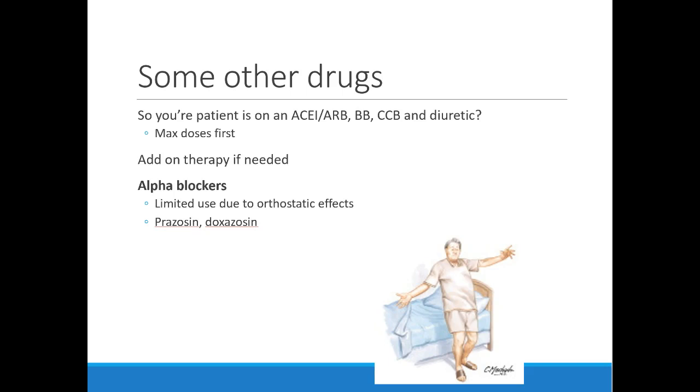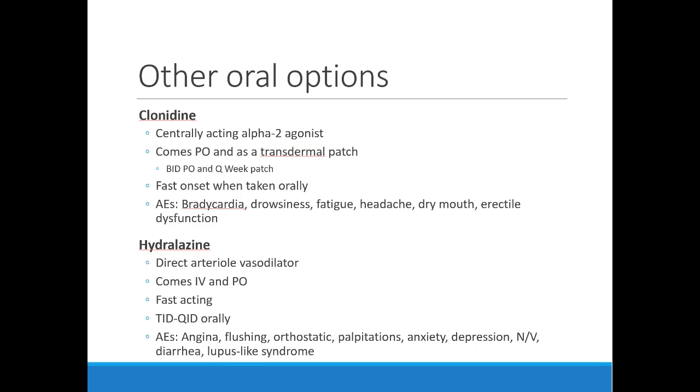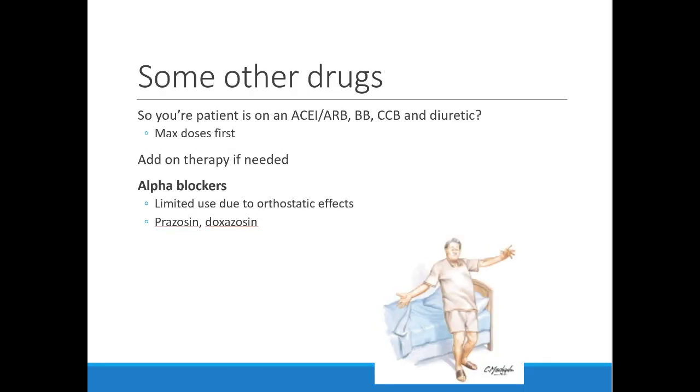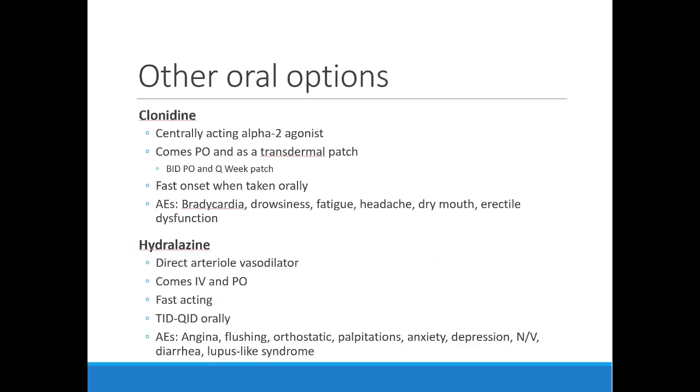Alpha blockers have effects on the prostate as well, but they're pretty limited due to their orthostatic effects, so they cause some postural hypotension. Really, the only time you'd use these as an antihypertensive is for a male who has benign prostatic hyperplasia and you'd also want to lower their blood pressure, and that's their primary role for managing hypertension.